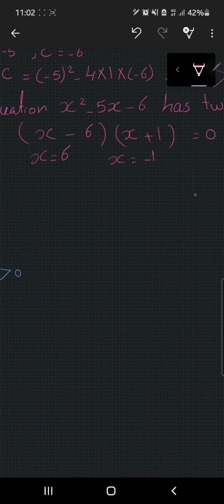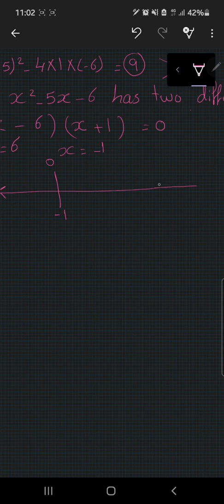Okay, draw the number line. F of x, when y equals 0, we have two roots, negative 1 and 6.